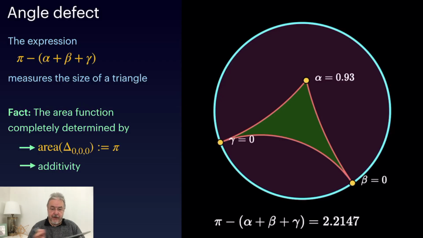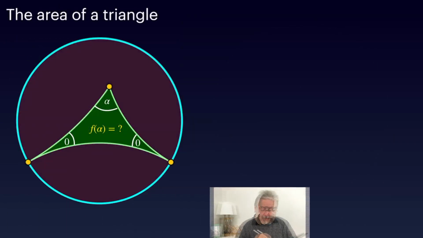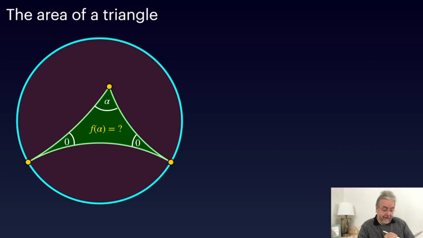So how do we do that? So next thing we are heading for is a function, I call it little f of alpha, which should describe the area of this region of a triangle with two angles being 0, and we already know the value of two entries alpha.